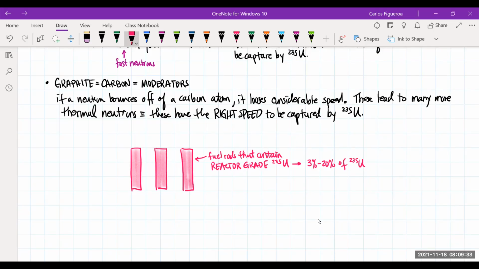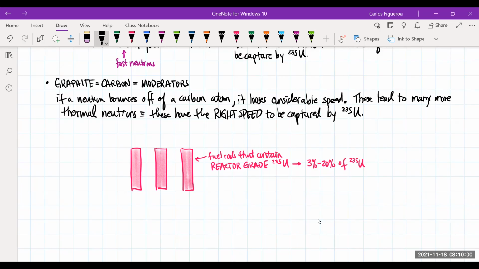And so what happens here is that you then get these carbon moderators. Right now, at this point, no reactions are taking place here. Why? The neutrons are too fast.